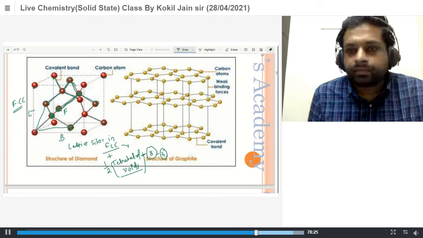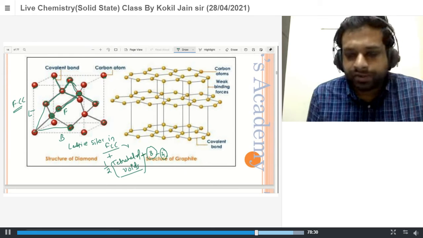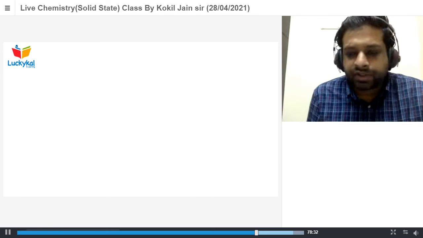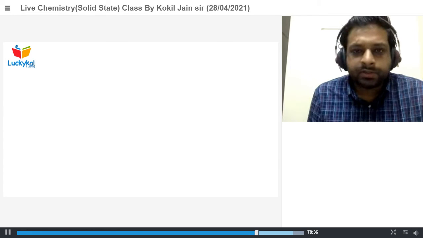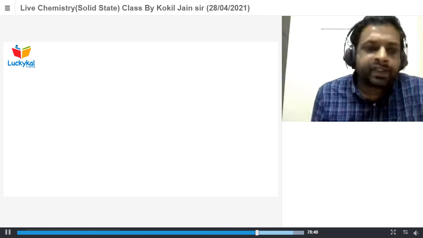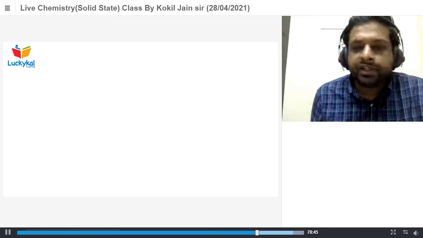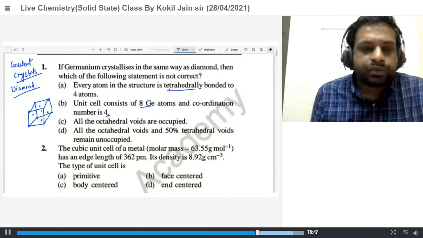Yes. Okay, so this is what happens in case of diamond structure. I'm again going to share the PDF here. Every atom in the diamond structure is tetrahedrally bonded to 4 atoms.